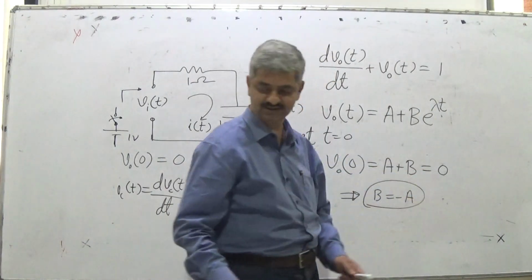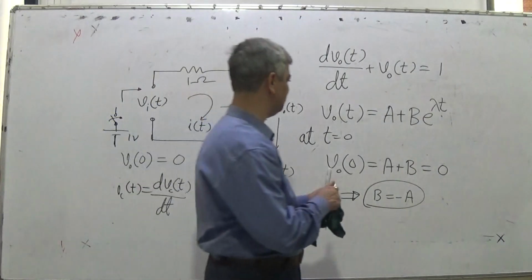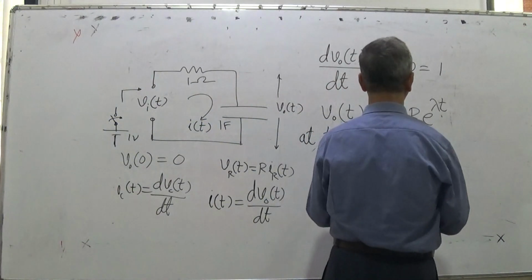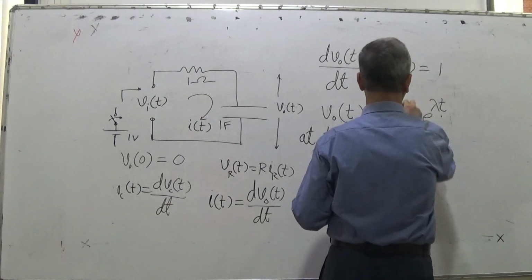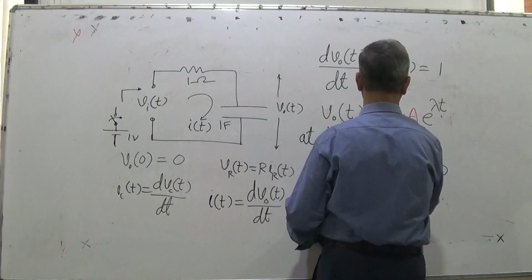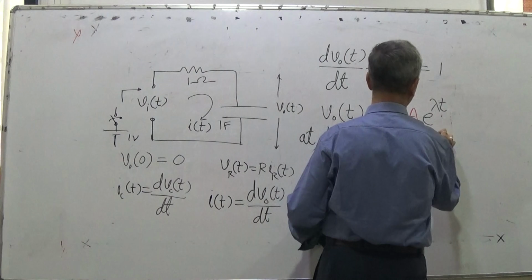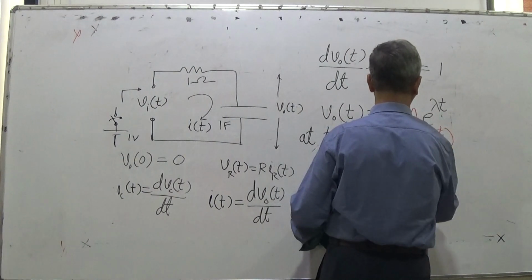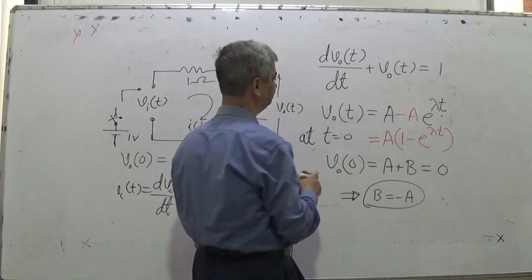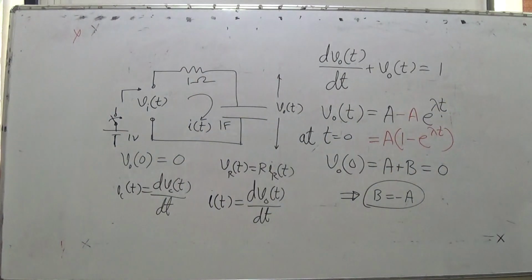So B equal to minus A. Therefore, by using B equal to minus A, this expression becomes A minus A e raised to lambda t, or A into bracket 1 minus e raised to lambda t.